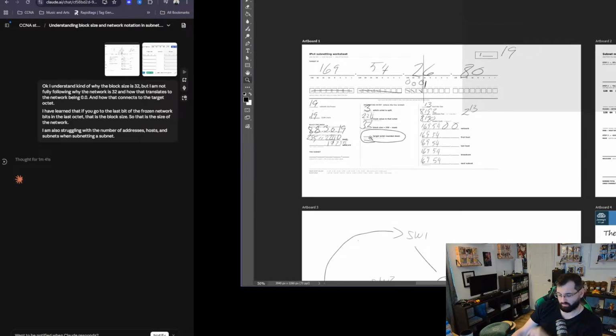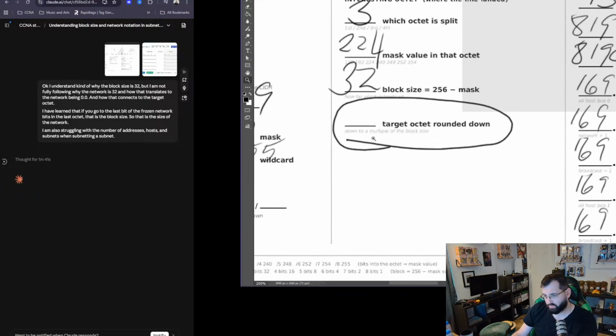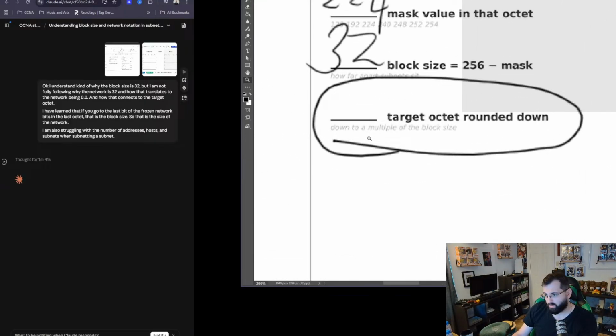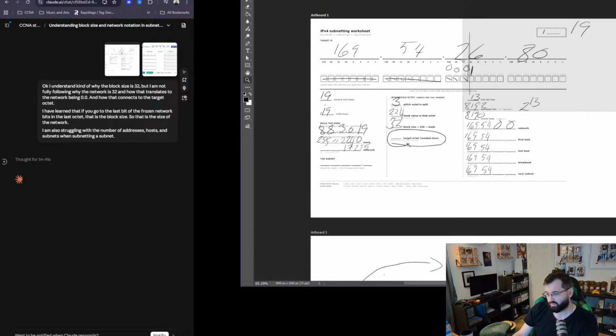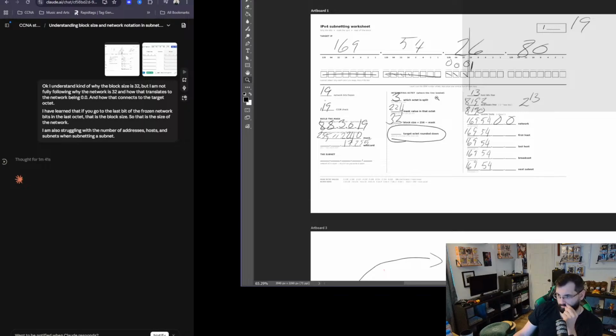Look, I have these notes. Let's see, what does this say? A multiple of the block size down to a multiple of the block size. So then we have to multiply this. How many times does 26 go into 32? Well, it goes into it 0 times. That would make sense.